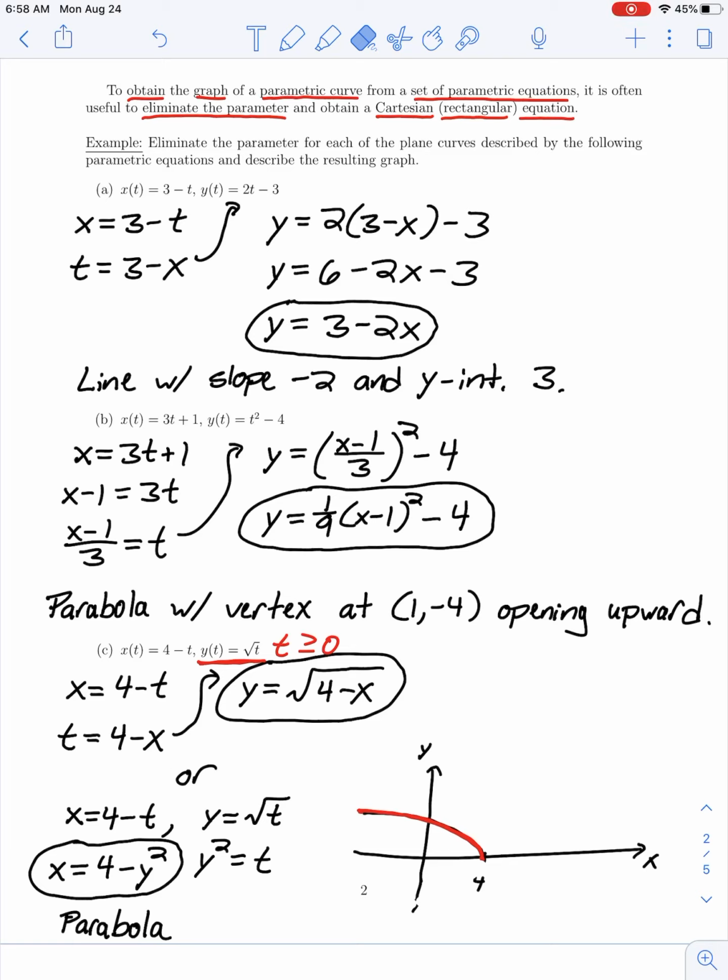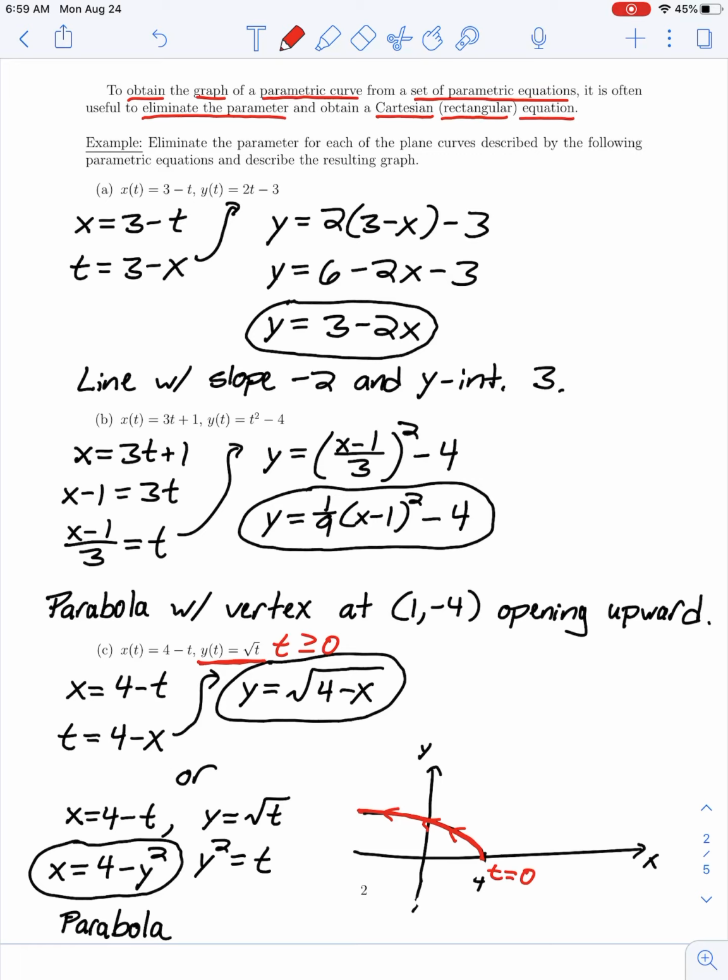And we see that as t becomes larger, y would get larger and larger, so the orientation of this curve is moving in this direction, with this initial value corresponding to t equals 0, and then as t becomes larger, we're moving along this arc of that parabola.